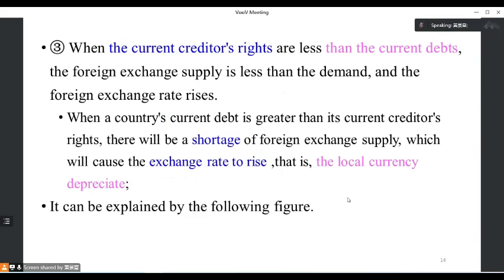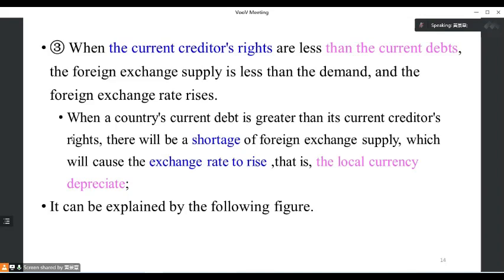Let's go on. When the current creditors' rights are less than the current debts, the foreign exchange supply is less than the demand, and the foreign exchange rate rises.